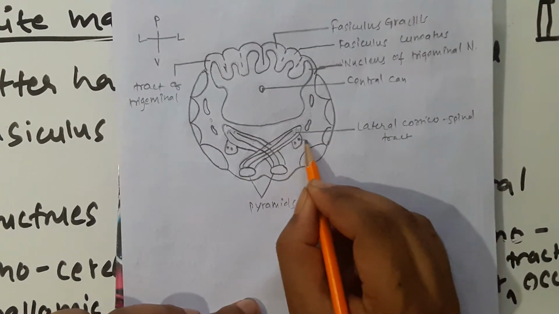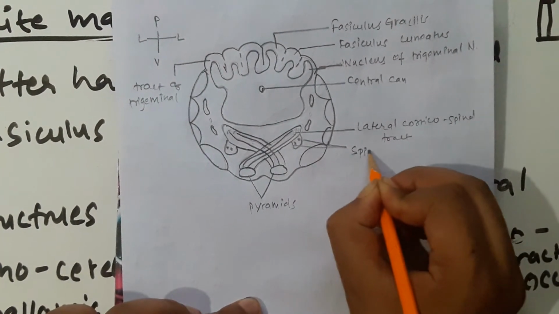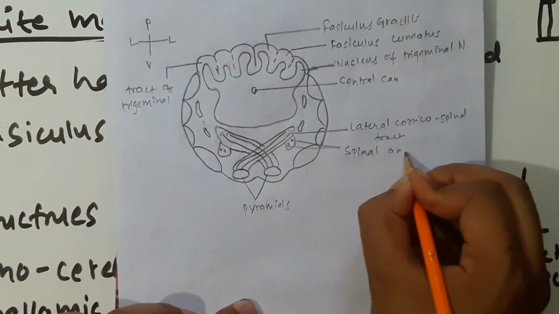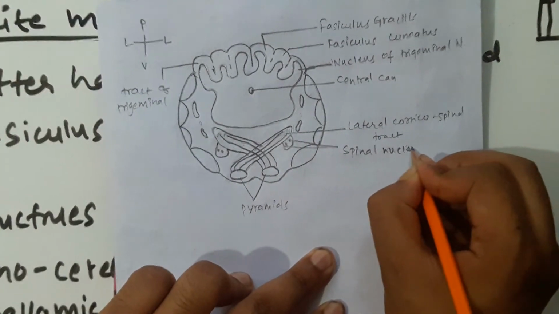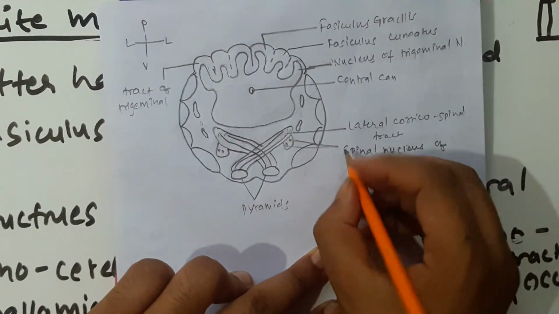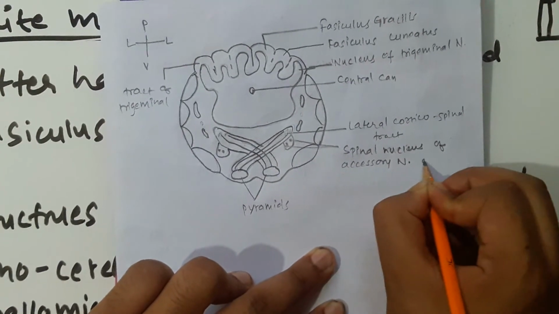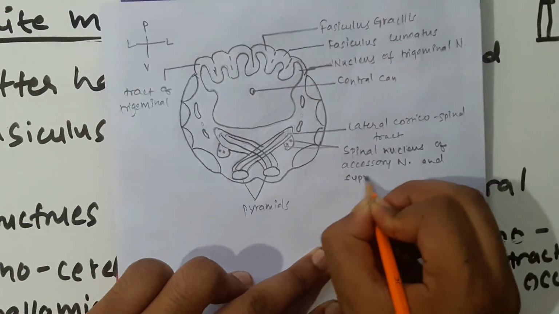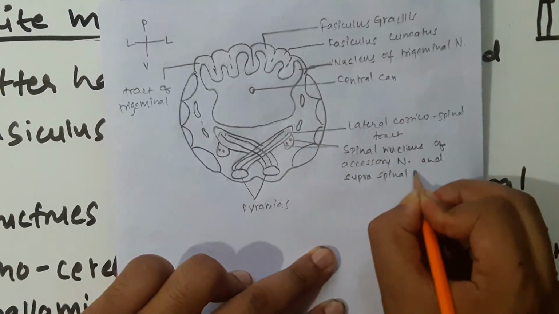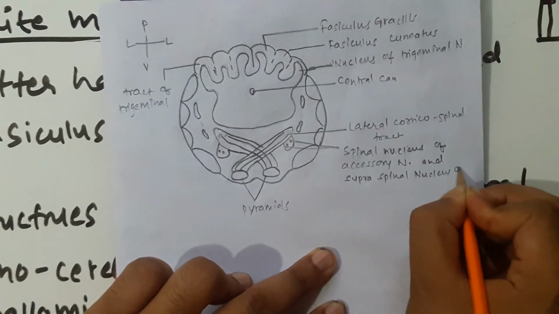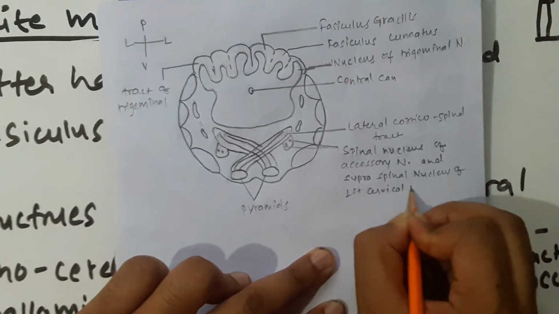So this is the anterior horn with the spinal nucleus of the accessory nerve and the supraspinal nucleus of the first cervical nerve, the nucleus of the first cervical nerve.